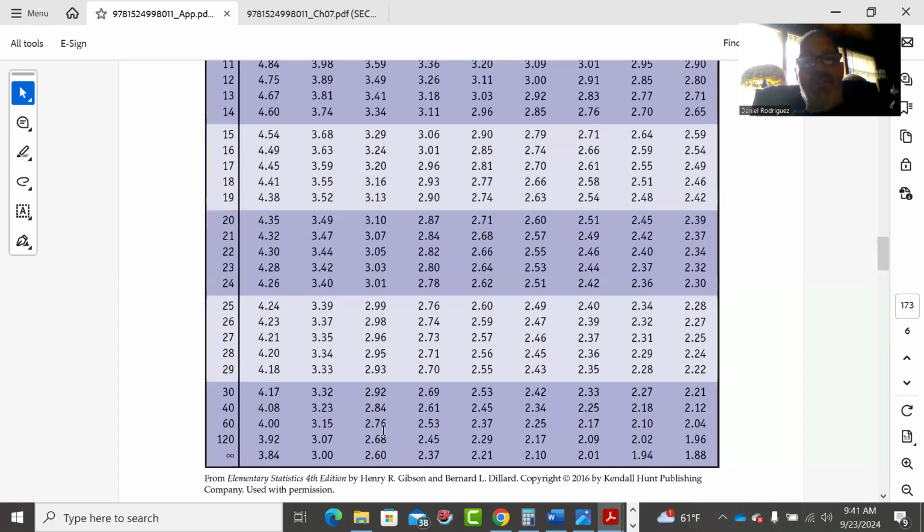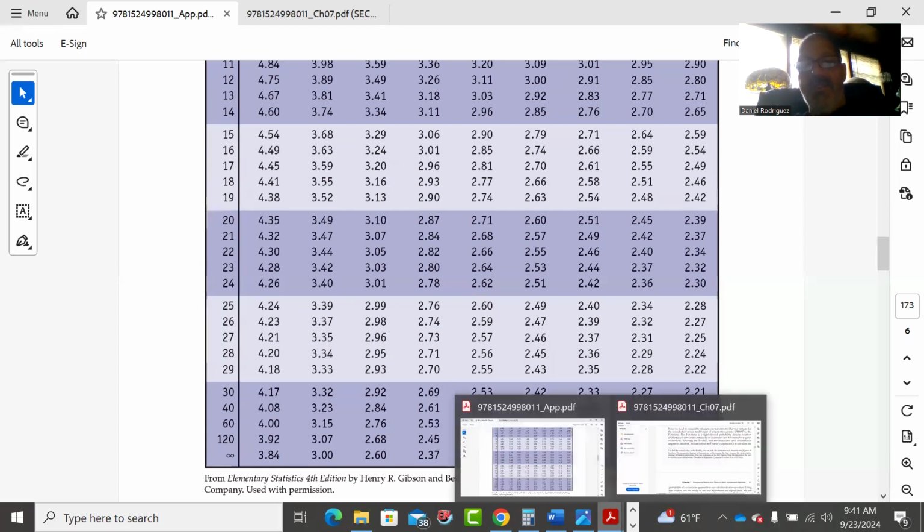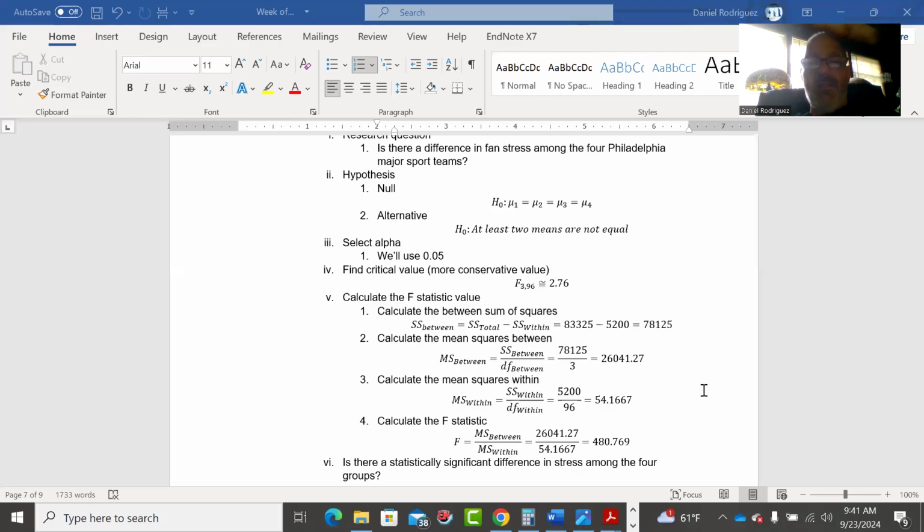So I'll take the more conservative value just to show that I mean business here. I don't want to make it easier for me to reject the null. I want to make sure that what I have is statistically significant. Okay, so I chose that value of 2.76 as my critical value. Notice that I have the little squiggly tilde thing on top of the equal, so that means approximately.